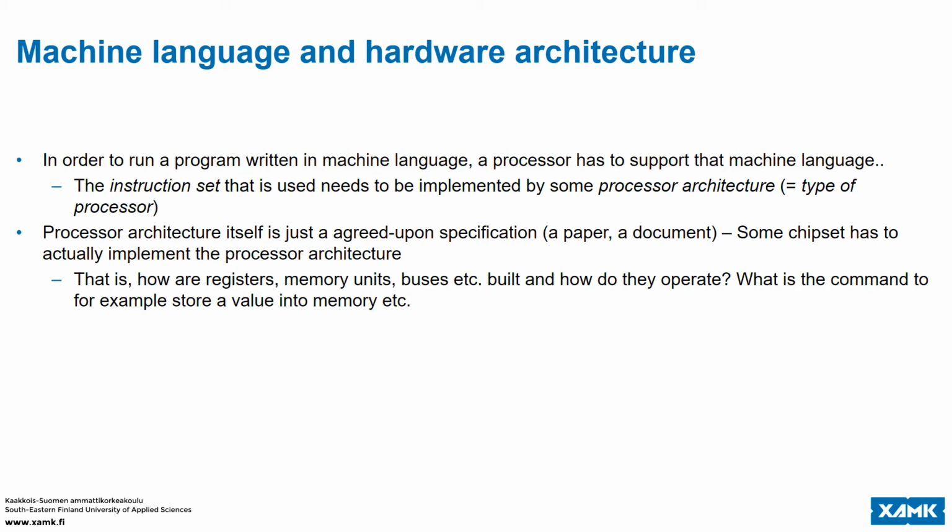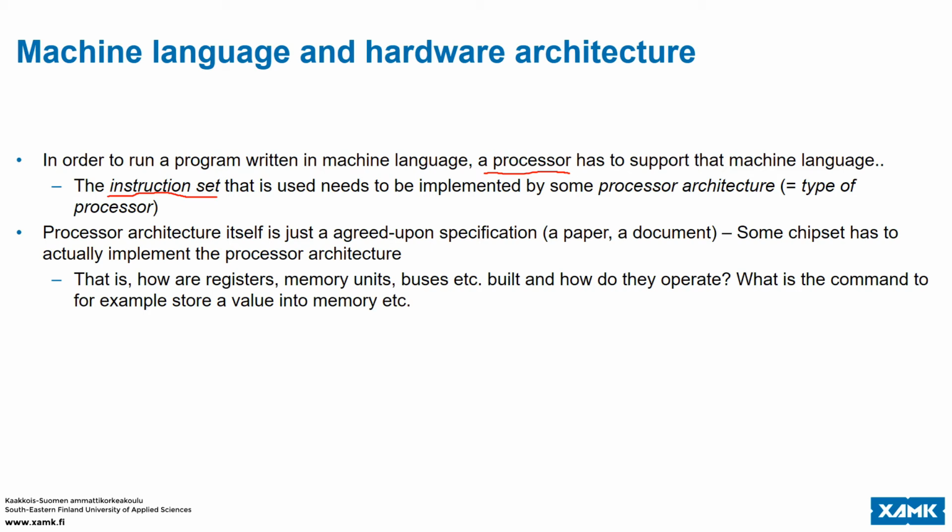But after that, we also have to have an actual physical processor, a CPU that supports this machine language, because there are different machine languages depending on the type of processor. This is usually called an instruction set.